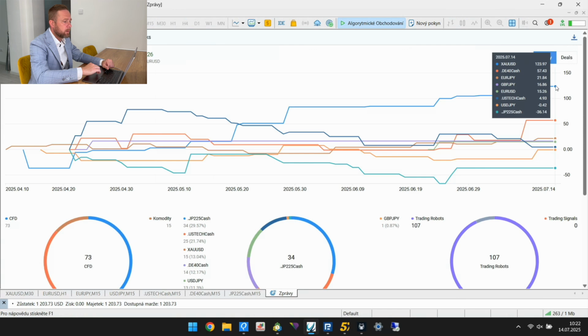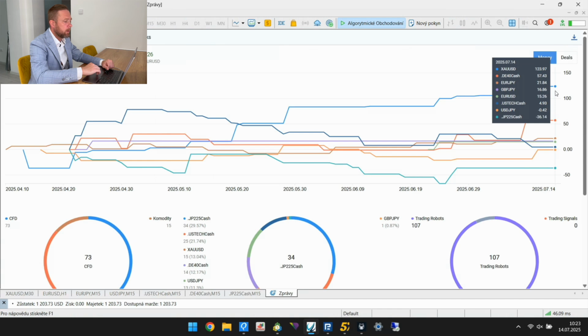In second place is the DAX index. It brought the account 5.7%, then the euro 1.2%, and other currencies along with the Nikkei index are basically down 3.6% since the beginning. So it is clear that over the past 4 months, some things have performed better while others have performed worse.